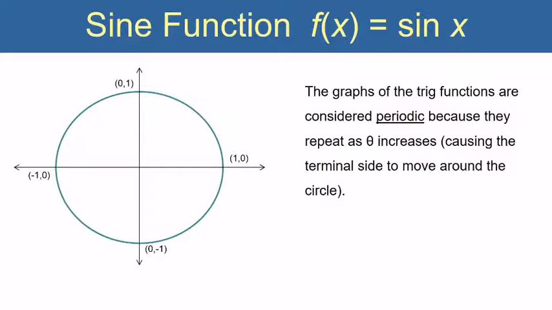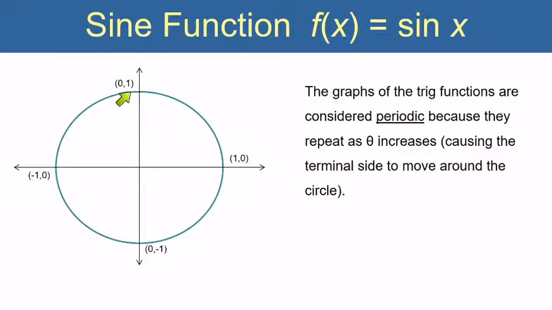So first we're going to look at the sine function. Now the trig functions are called periodic because they repeat as theta increases. So if you can imagine the terminal side of an angle here, as the angle increases, the sine function is changing, because remember the sine function is the vertical coordinate. So if we start the terminal side of theta here, then as theta increases, the y coordinate is increasing until we get to 1.